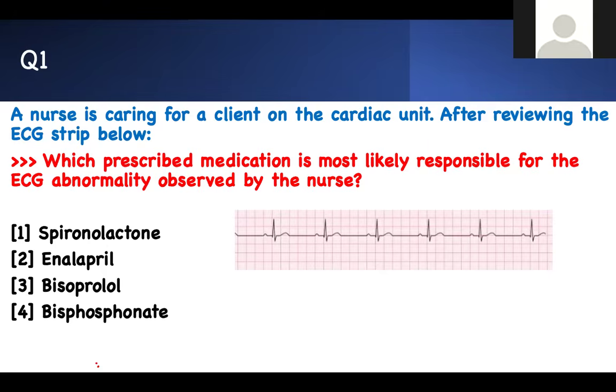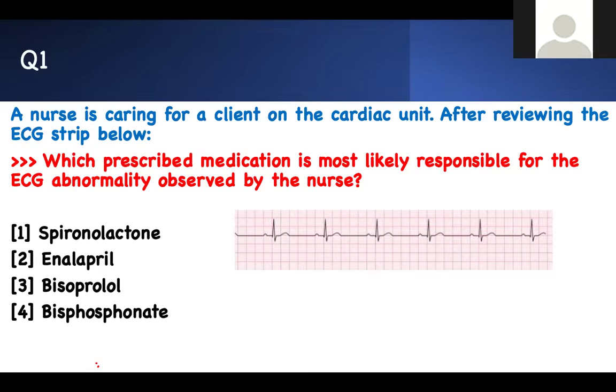What do you think about this EKG? You can stop the video and answer the question, and then listen to me on how I approach it. I'll read the EKG. What does the EKG look like? Bradycardia. Therefore, if it's a bradycardia, I'm going to pick a prescription that is going to slow down my heart, right? And we're talking about cardiac medication.